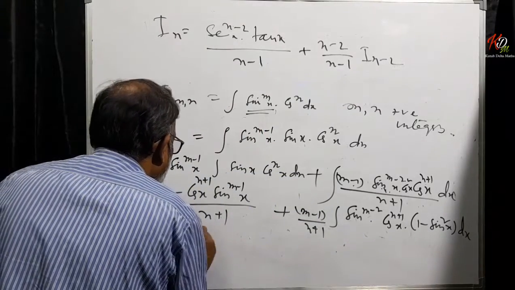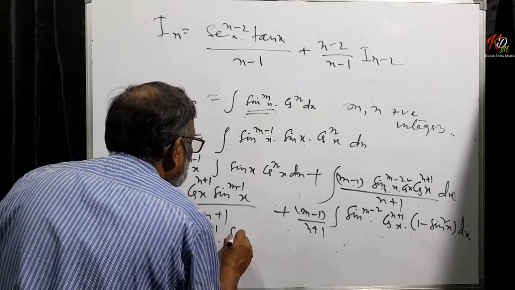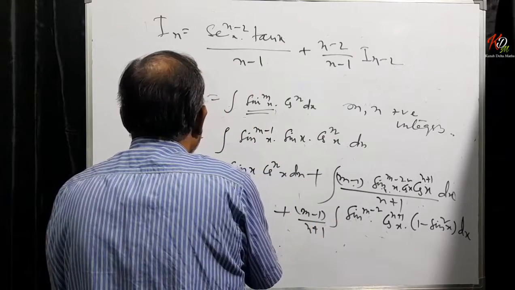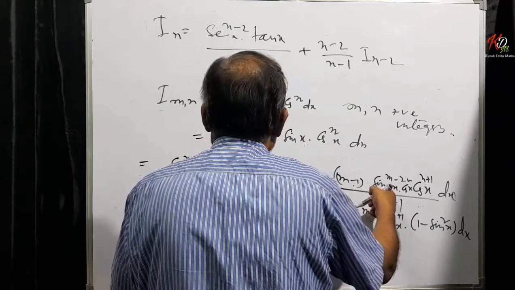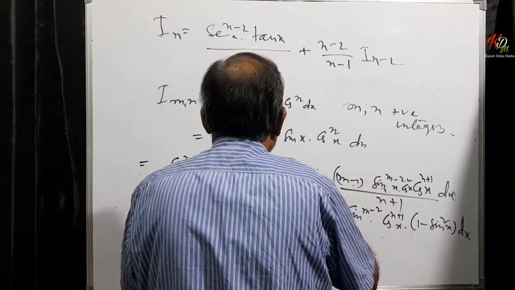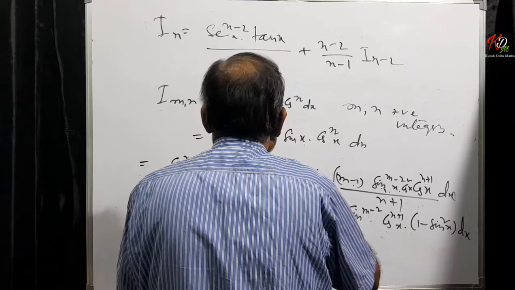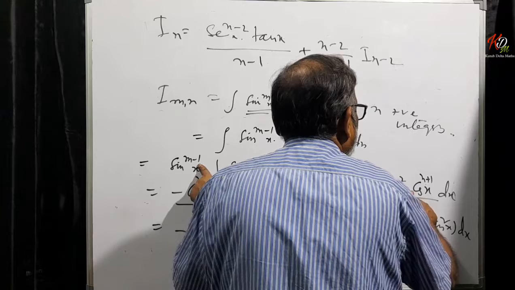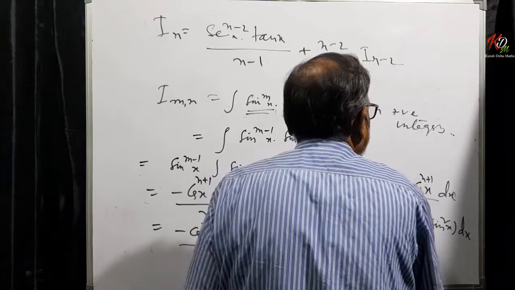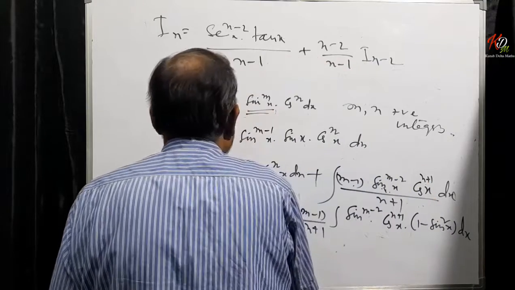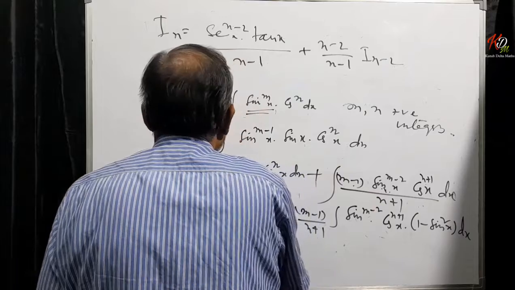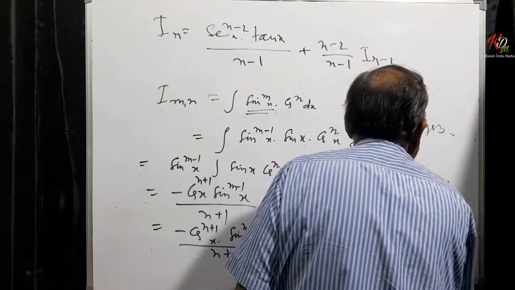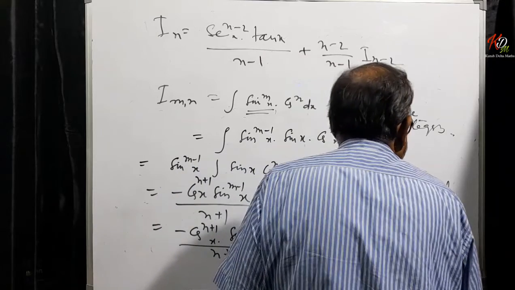So minus cos to the power n plus 1 x sin to the power m minus 1 x by n plus 1, plus m minus 1 by n plus 1, sin to the power m minus 2 x, cos to the power n plus 1 x, sin x means cos x, so cos square x.